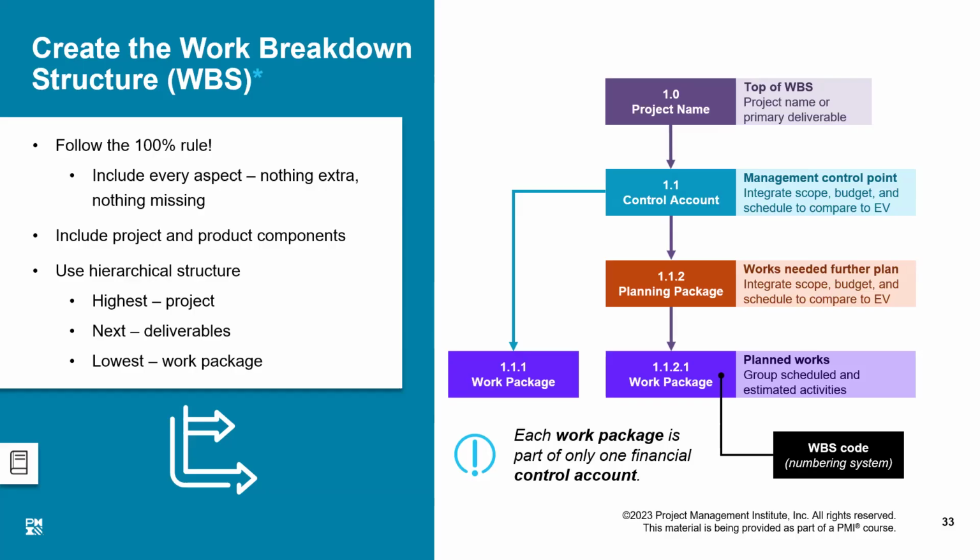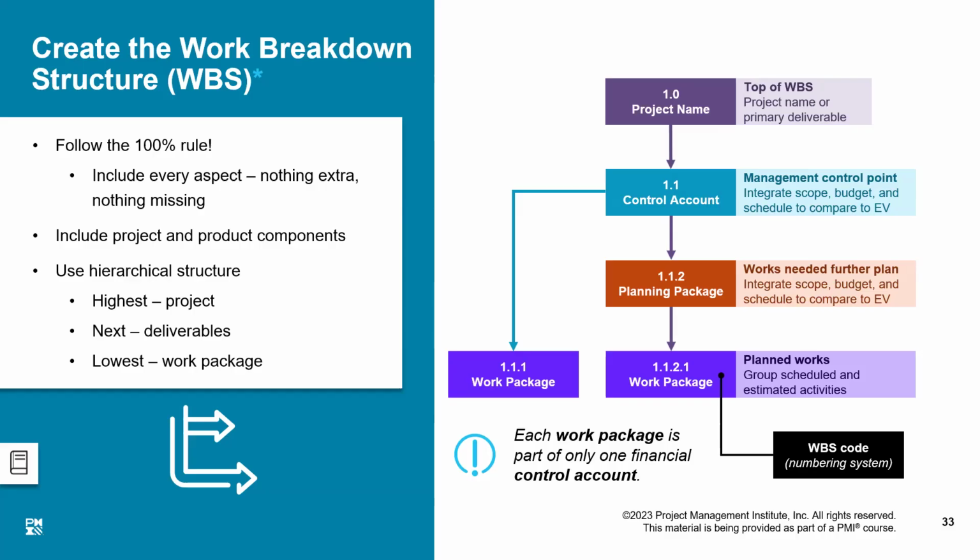Like, I have a house to construct. That is my project, right? That house has 5 rooms. I will control my budget by distributing it into control accounts. Every room is my control account.